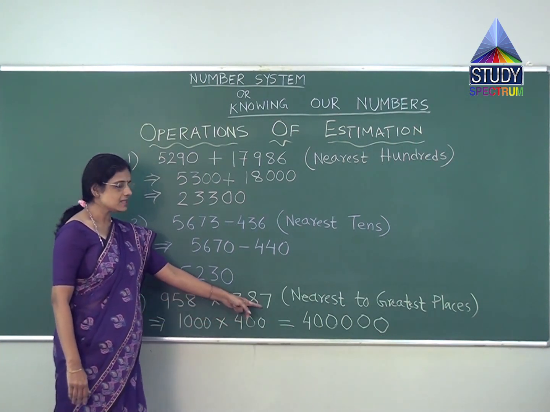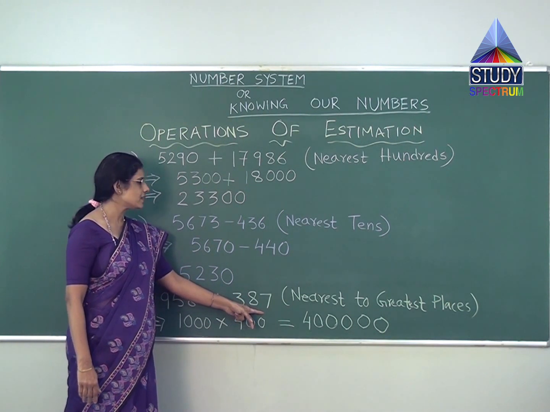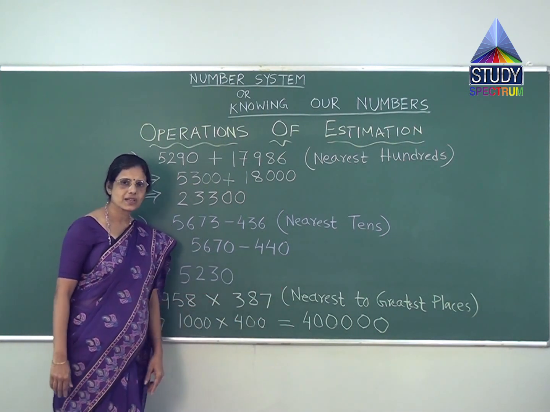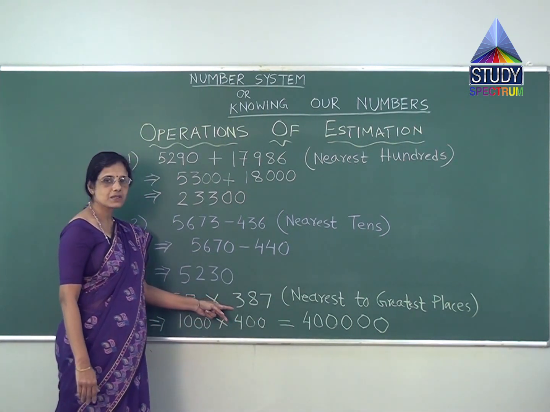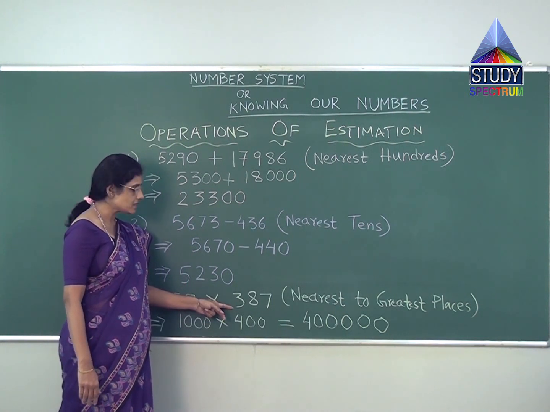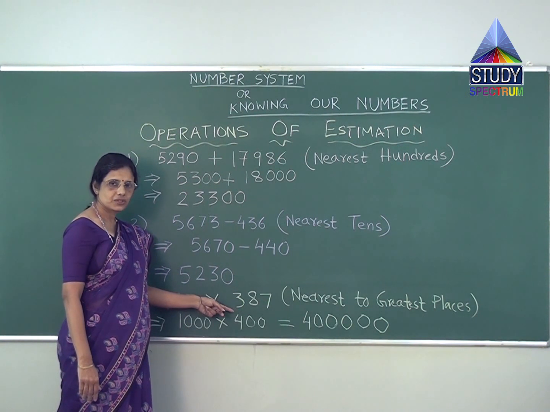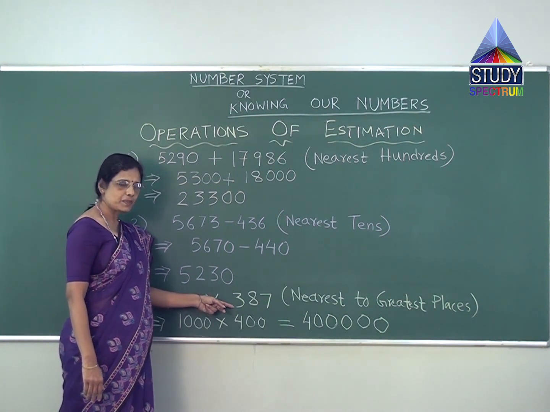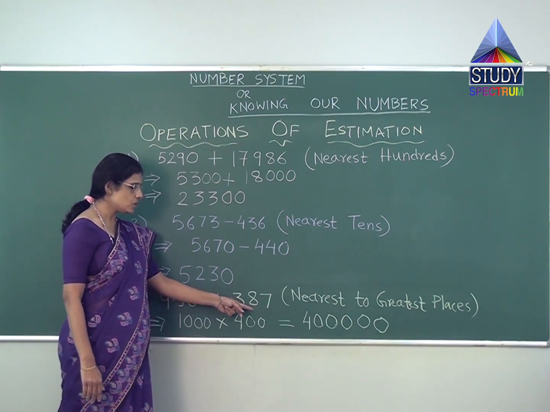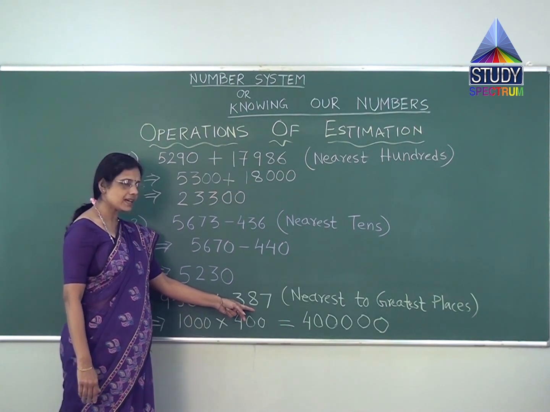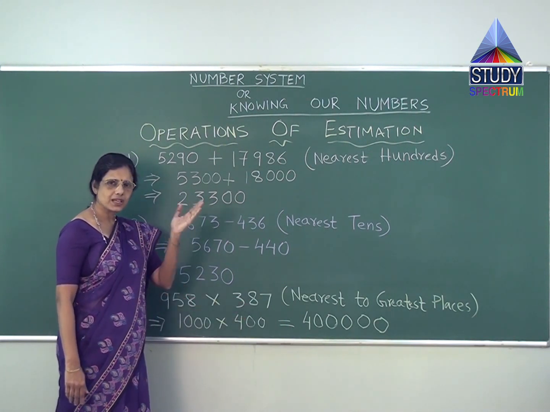Multiplied. This is the number 387. Again the question is nearest to greatest places. Nearest to greatest places means the position, not the value. Position greatest places is 3, that is the 100 place, and 100 place, look at the tens place, it is again 8, which is more than 5.